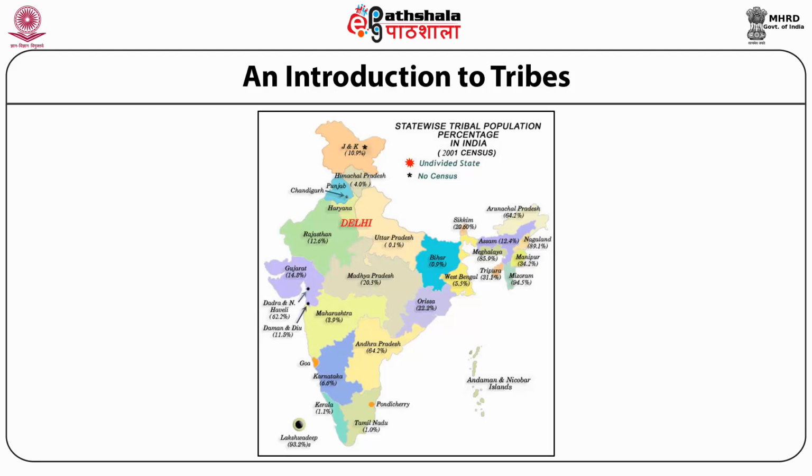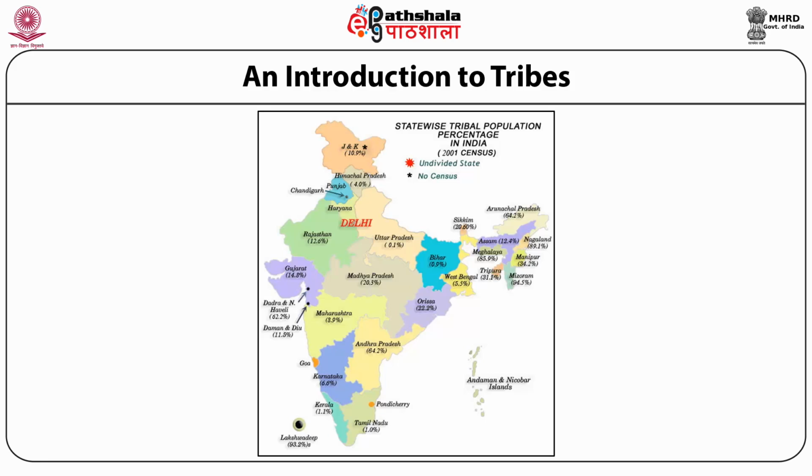And if you come to central India, you find the largest concentration of population in Madhya Pradesh, that is 20.3%. And in the southern part of India, we have tribes in Andhra Pradesh, Karnataka, Kerala, Tamil Nadu, where in Tamil Nadu you find 1.0%, and you have considerable tribes in the states of Rajasthan, Gujarat, Maharashtra, where in Gujarat you can find 14.8% of population.